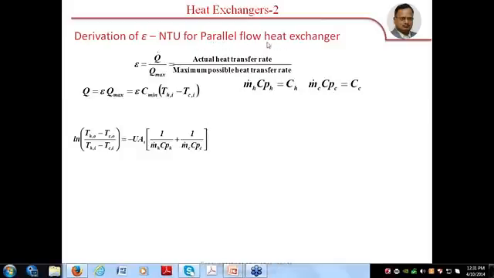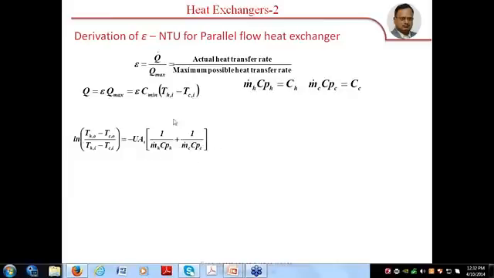Consider parallel flow heat exchanger. Effectiveness is defined as Q by Q maximum. And we know the heat capacity of hot fluid is MHCpH and heat capacity of cold fluid is MCCpC. And Q is nothing but effectiveness into Q maximum, and maximum possible heat transfer is always equal to minimum heat capacity fluid into THI minus TCI.